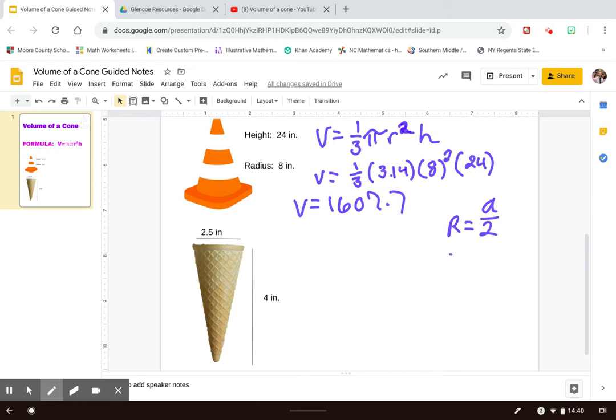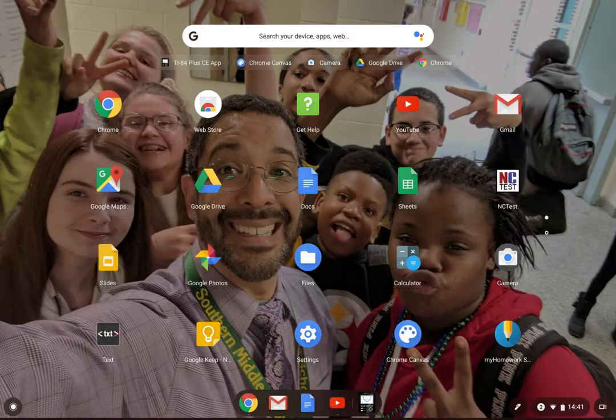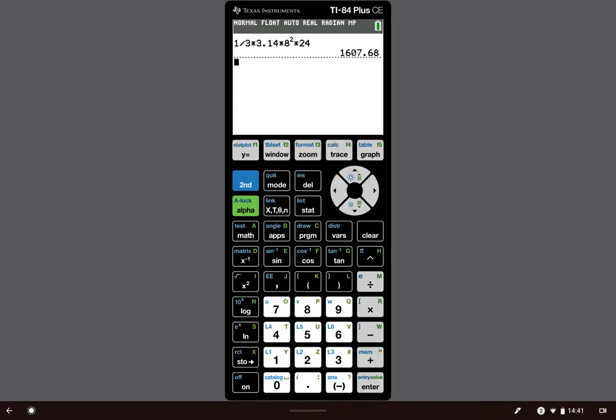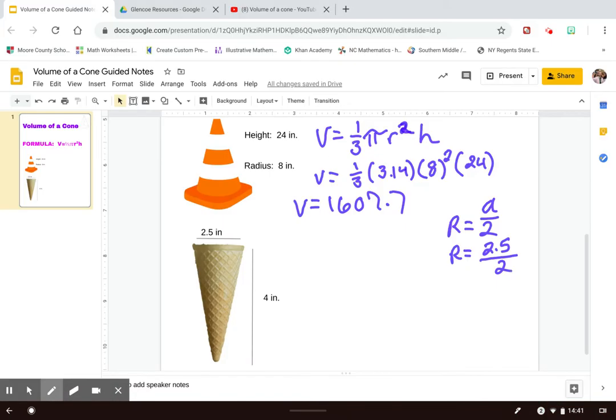So in this case, my radius is going to be 2.5 divided by 2. So if I do that on my calculator, 2.5 divided by 2, I get 1.25. So my radius that I'm going to use for this problem is 1.25.